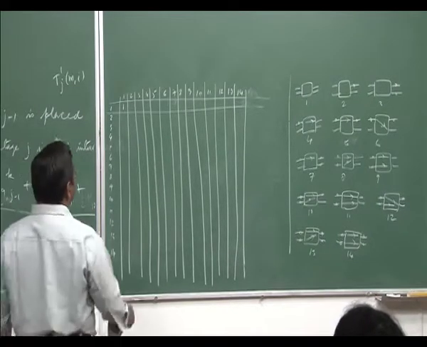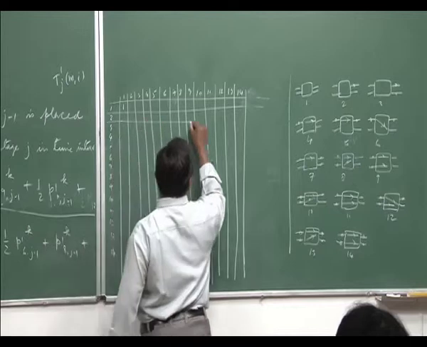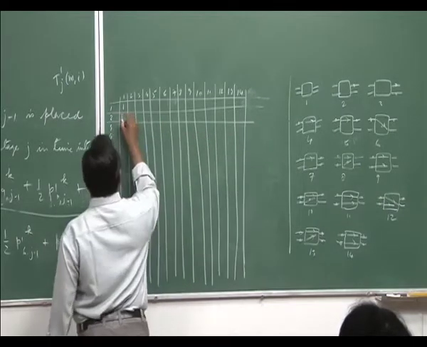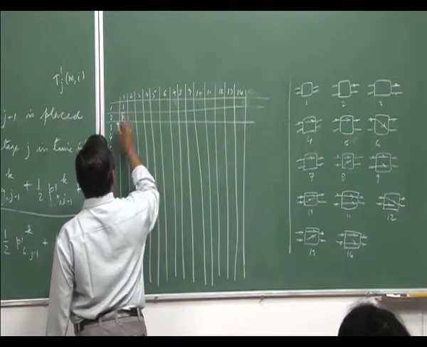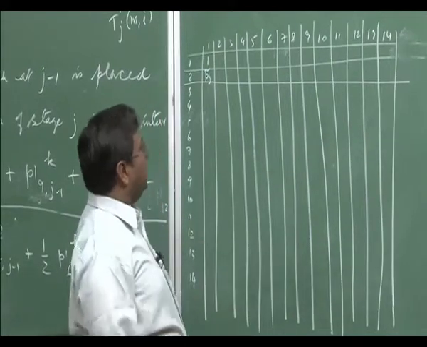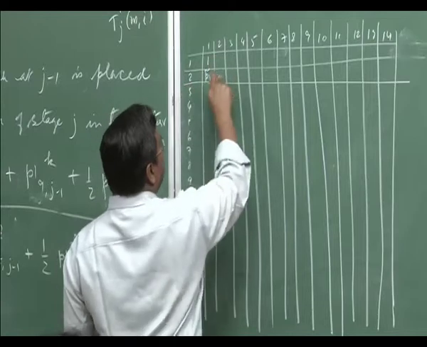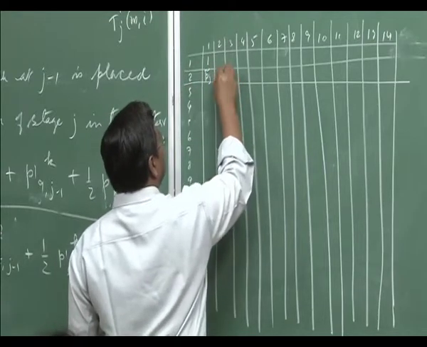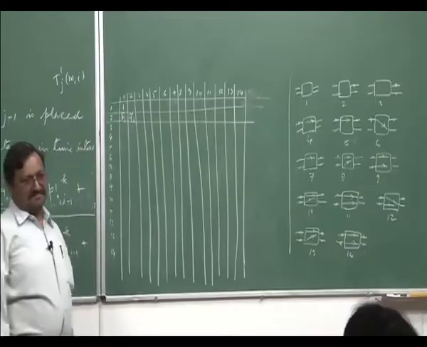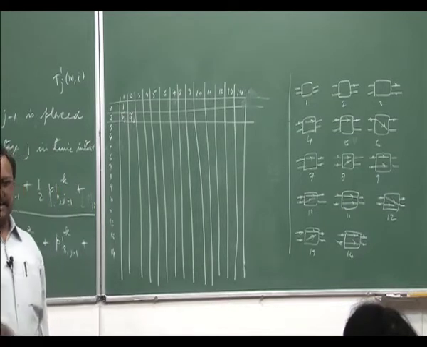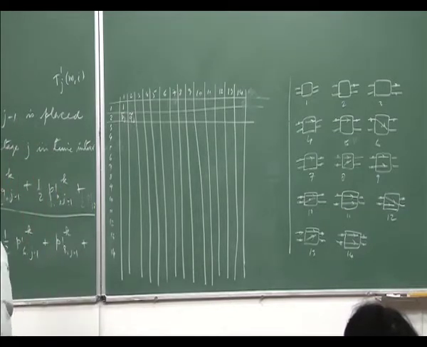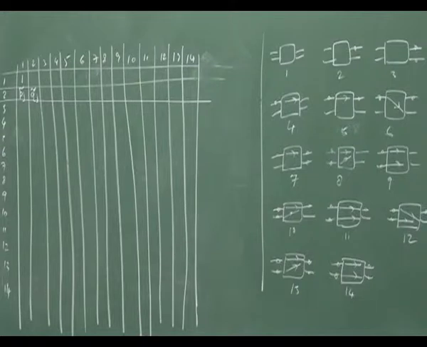So this should be Pj tilde: you will come from 2 to 1, and you will remain in 2 with Qj tilde. Rest everything is 0. Not clear?